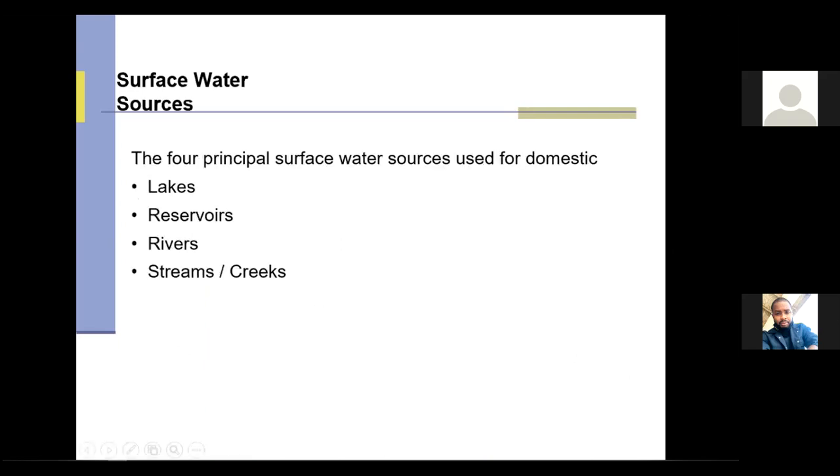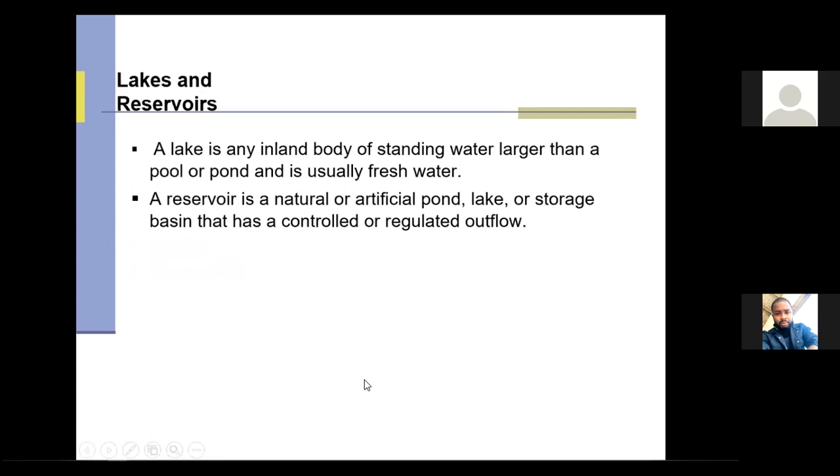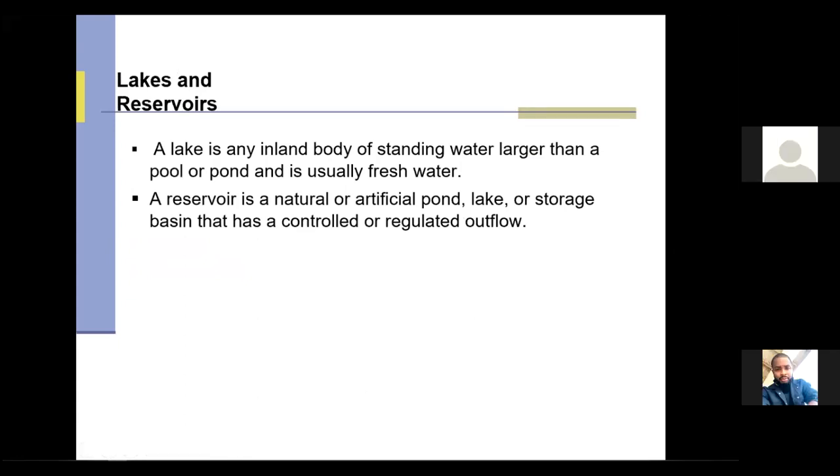There's your four big ones, right? Lakes and reservoirs sometimes are the same. Reservoirs are usually man-made, or their water has a dam, or it's impounded some way. Rivers, creeks, and streams. A lake is any inland body, and usually a lake is fed from both surface and groundwater sources.